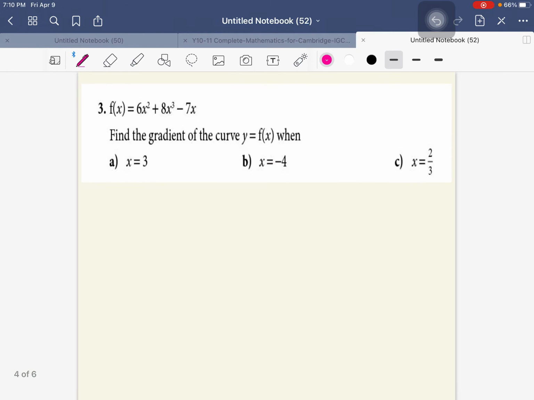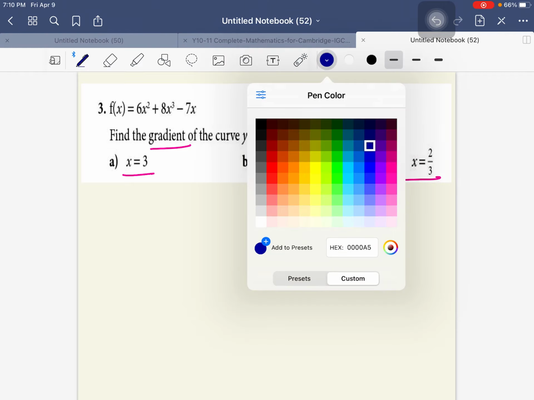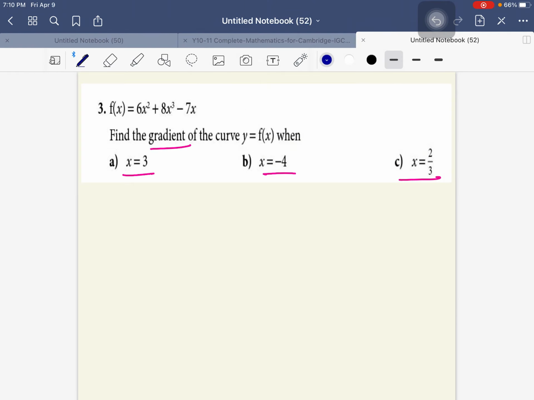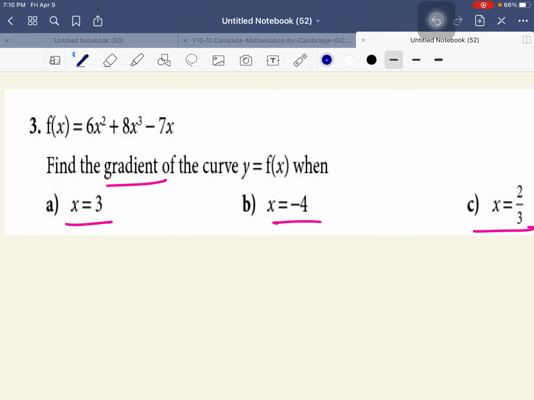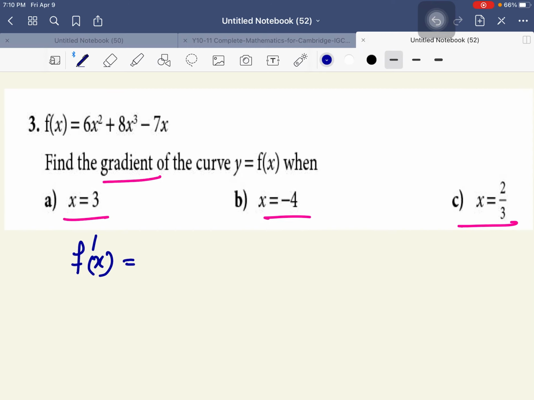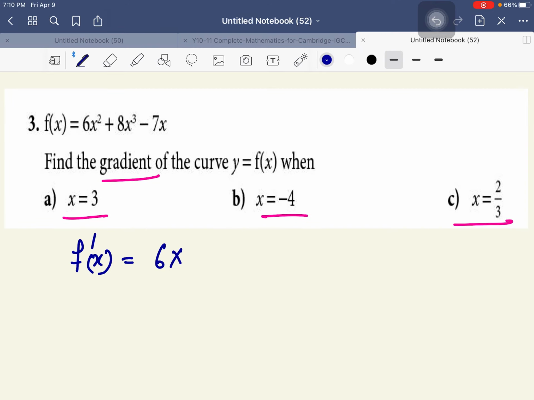Now the last example to understand further. Here is something different. He's asking us to find the gradient function, then the value of the gradient at these particular points. The method is the same. This is f(x), I'm going to write f'(x). So f'(x) is equal to, now 6 times 2, because 6 is the coefficient, the power comes in front, which is 2, times the reduced power, 2 minus 1.